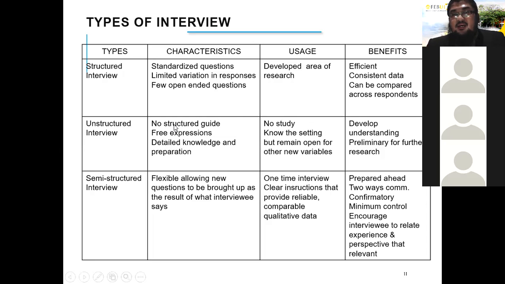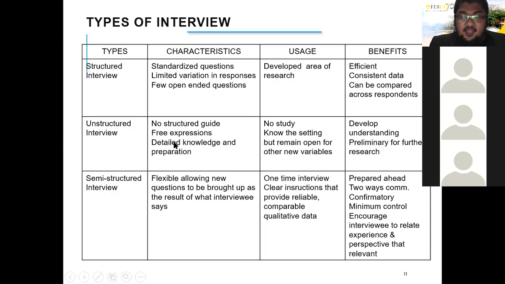If you are an early-level, a beginner-level interviewer, you shouldn't try to use an unstructured interview. You should start from a structured interview. But if you are experienced at doing interviews, you can start doing the interview with no structured guideline.